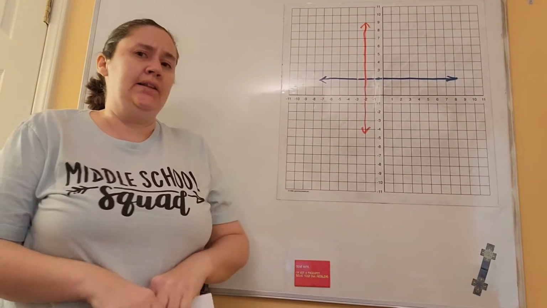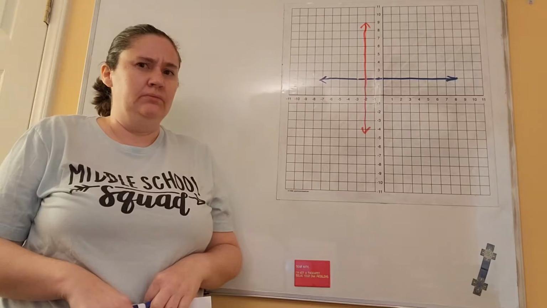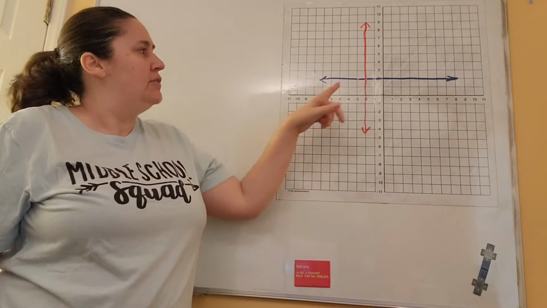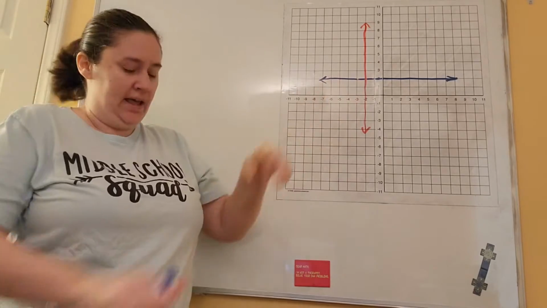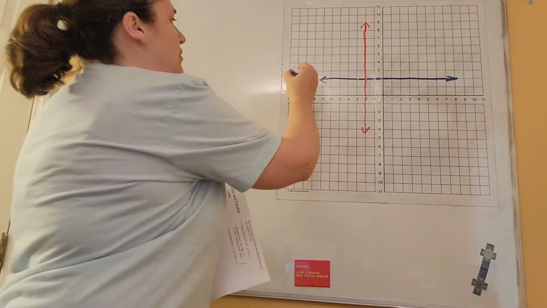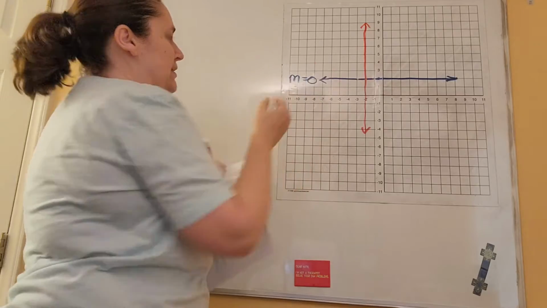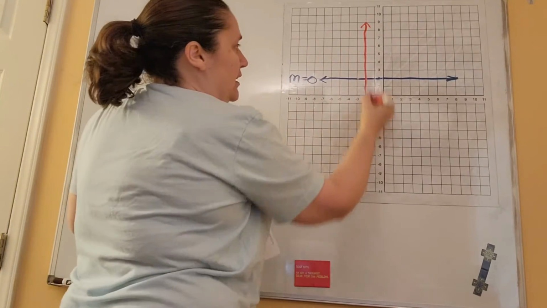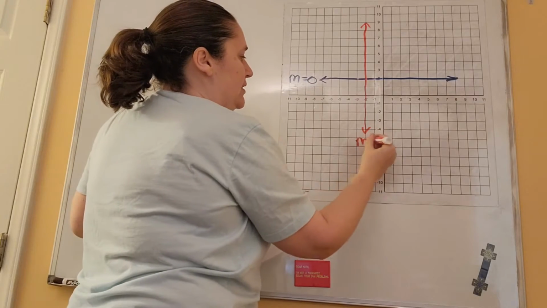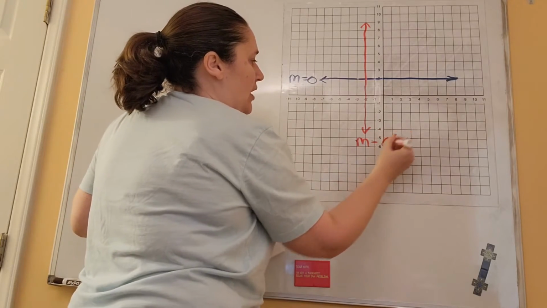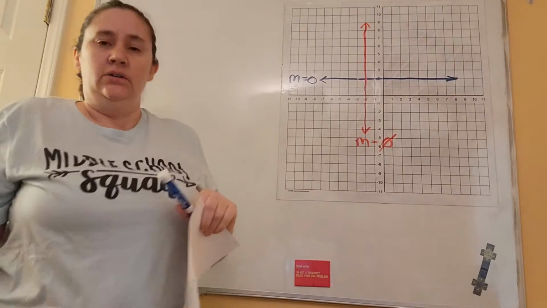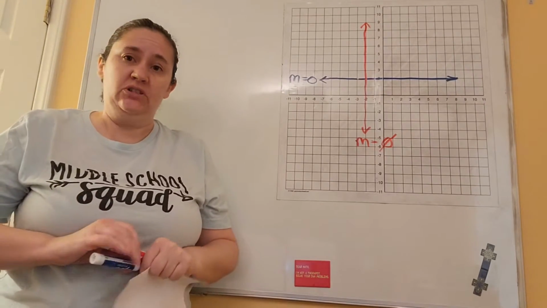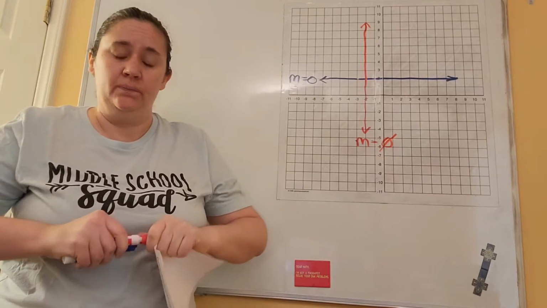Do these two lines have the same slope? I don't think so. We learned in class that a horizontal line has a slope of 0. So this blue line has a slope of 0. And this red line is a vertical line, so its slope does not exist. So two perpendicular lines do not have the same slope, like parallel lines do.